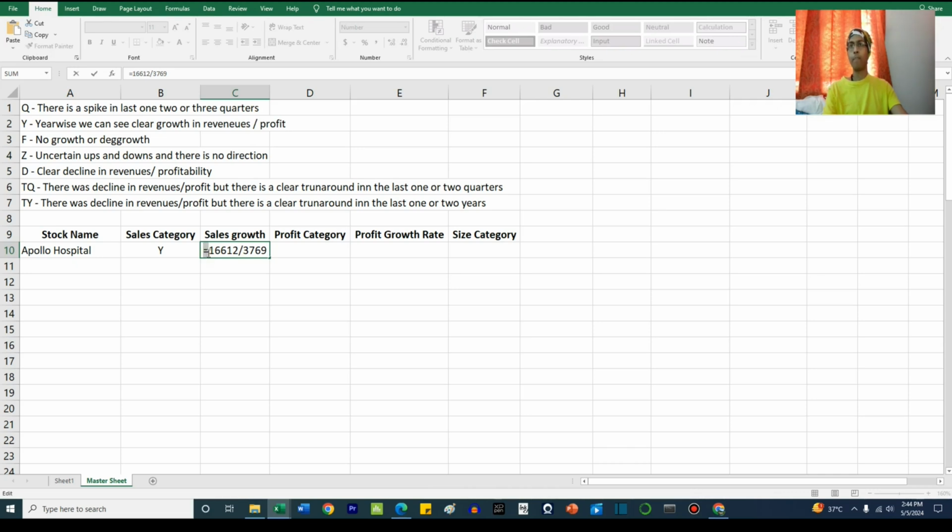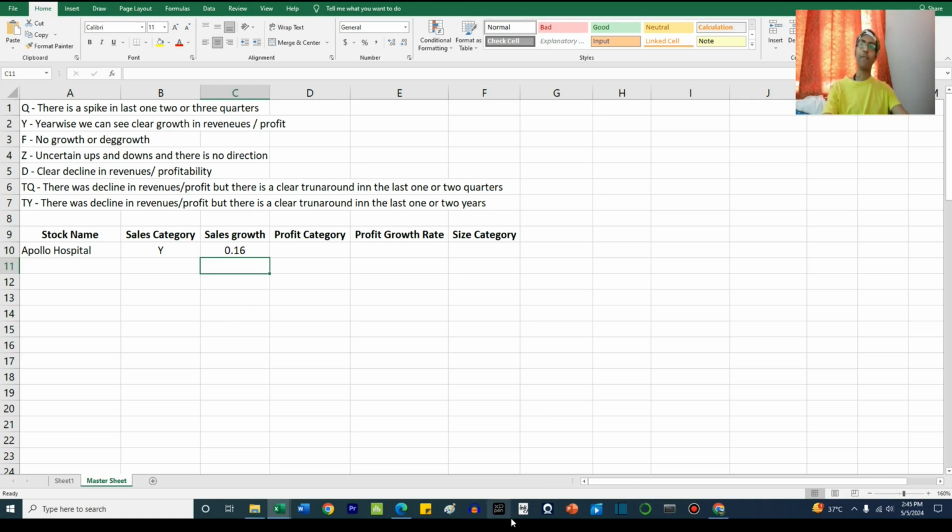Now, this entire ratio, we do it to the power of 1 by the number of years, which is 10. Now, this entire expression minus 1 gives us the CAGR, or the compounded annual growth rate. It comes to 0.16. So this we can do for each of the companies in a sector, right?